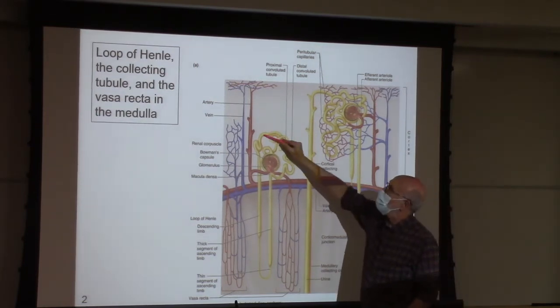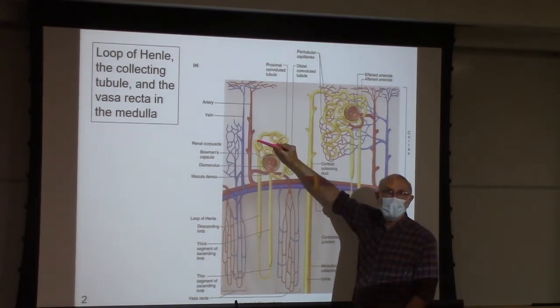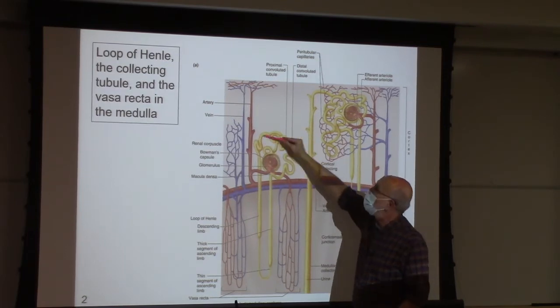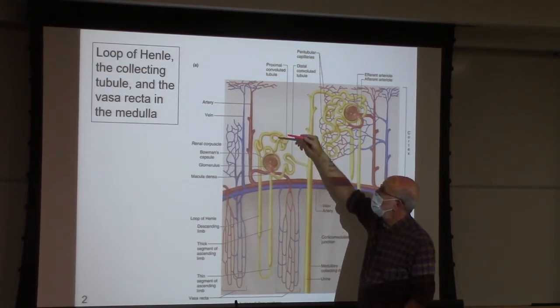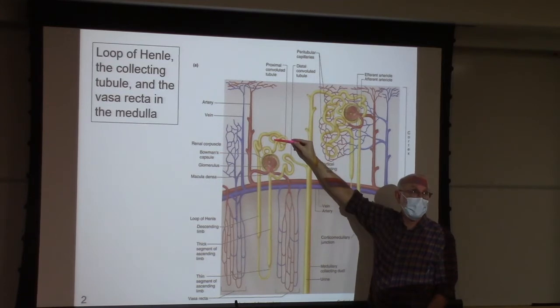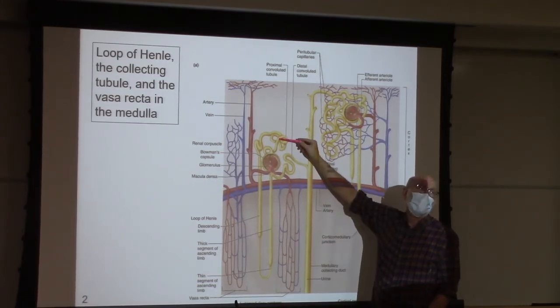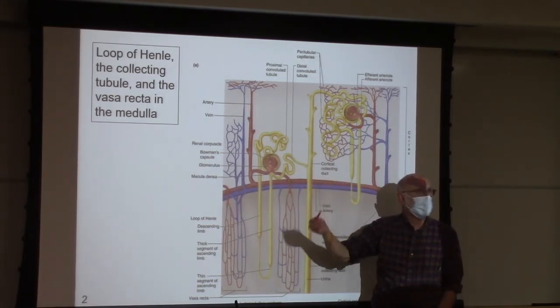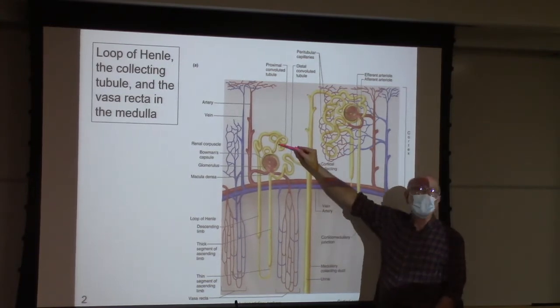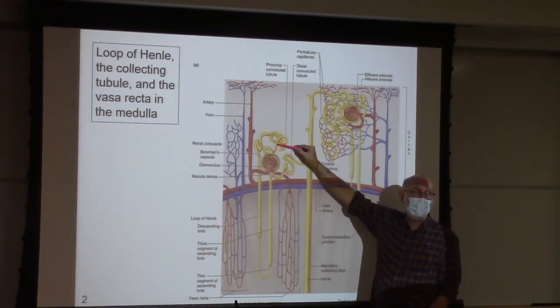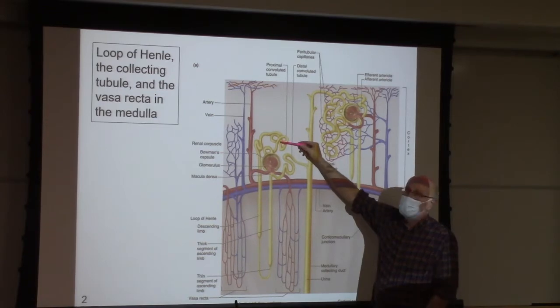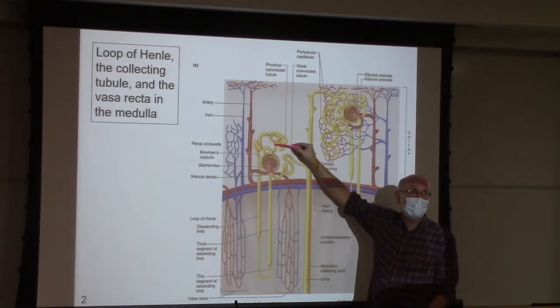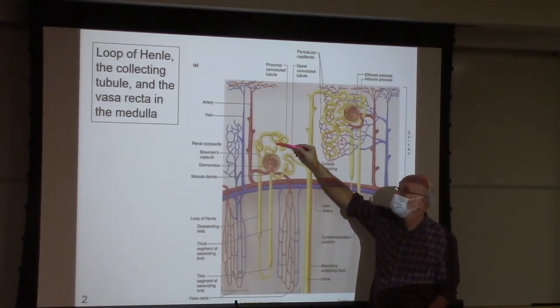Anyway, reabsorption of sodium and glucose and bicarbonate here in the proximal tubule. 67% of the sodium is reabsorbed here. Water is reabsorbed here because water follows solute. And this is a leaky, water-permeable epithelium. So 2/3 of the water that you need to reabsorb is reabsorbed here.